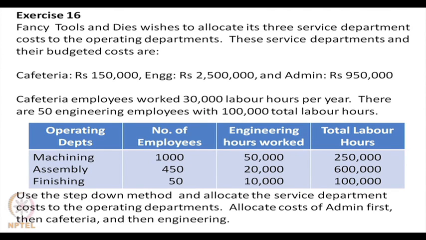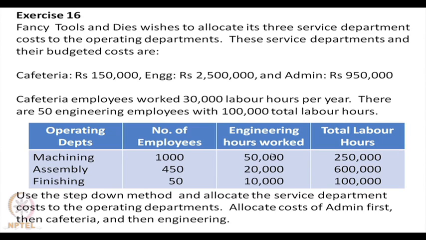Cafeteria employees worked 30,000 labor hours per year. There are 50 engineering employees with 100,000 total labor hours, and there are 3 operating departments: machining, assembly and finishing. The number of employees deployed are 1000 for 50 and 50.